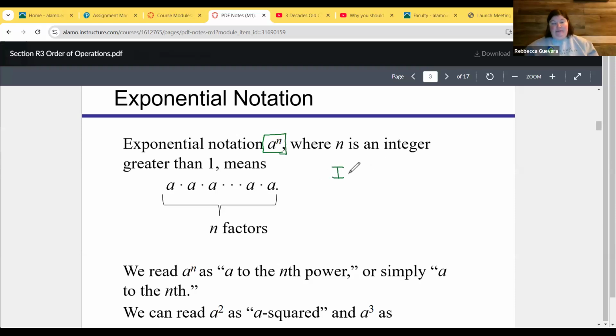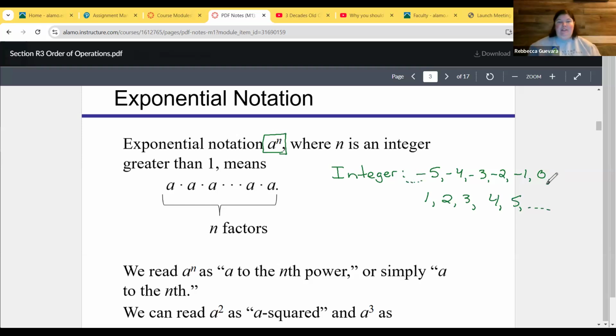Just as a reminder, our integers are numbers like -5, -4, -3, -2, -1, 0, 1, 2, 3, 4, 5, and so on. A lot of times people refer to these as whole numbers, but whole numbers have to be the positive versions. This is your natural numbers, their negative counterparts, and 0. So that's what we mean by integers. We're mostly going to deal with these integers for right now.